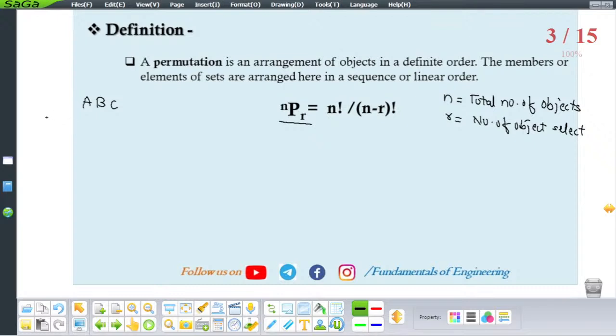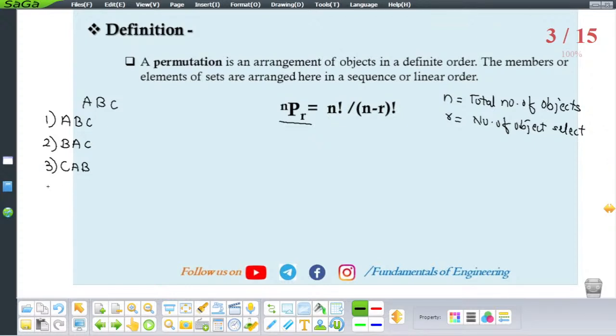The first arrangement is A, B, C as it is. The second arrangement: B at the start, then A and C. The third arrangement: C at the start, then A and B. These are the 3 arrangements. Again, we can change the sequence.